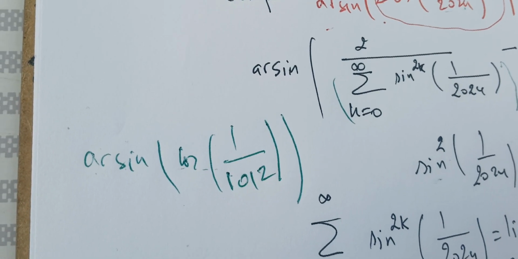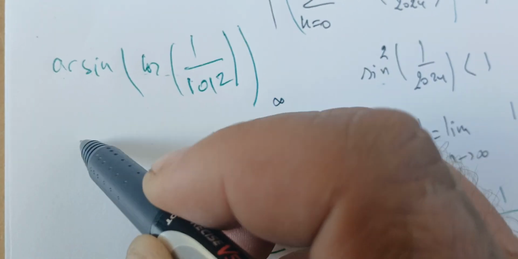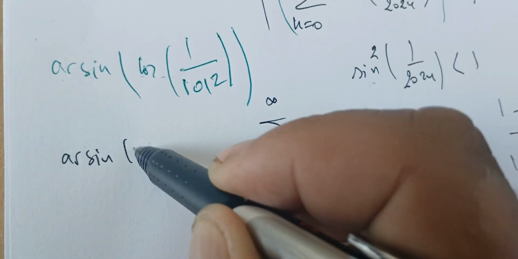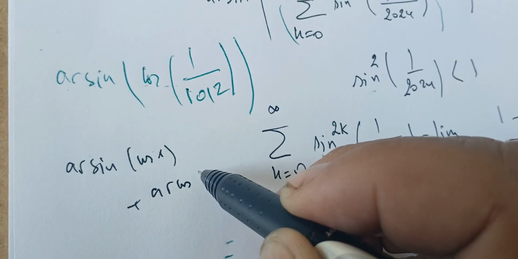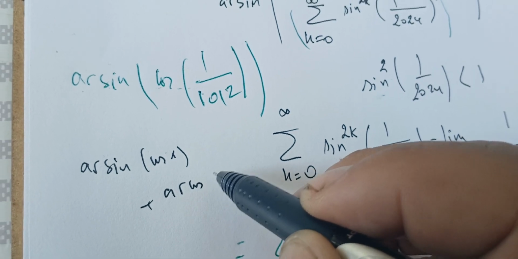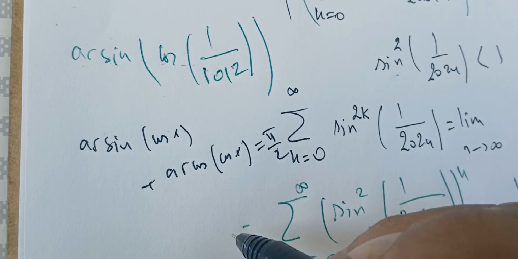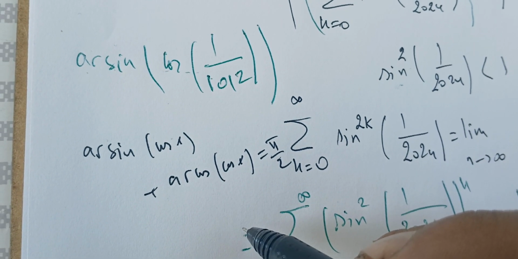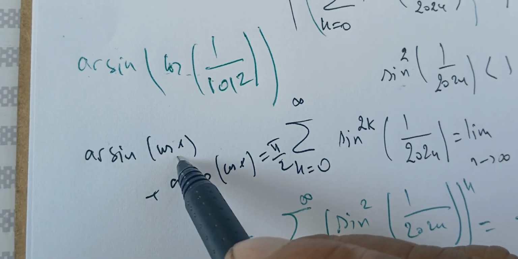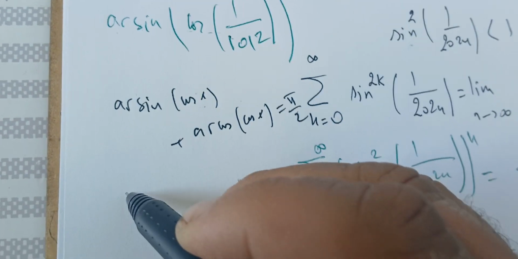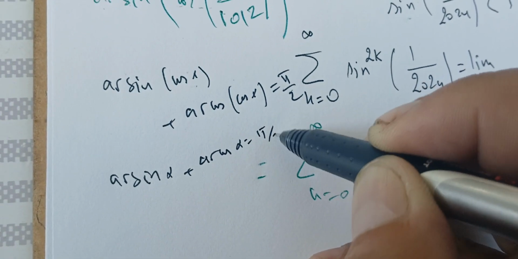I need to remember one more result that I have proved many times in this channel, that the arcsine of the cosine of x plus the arccosine of the cosine of x is pi over 2. So here, if we think of this one as alpha, because we have proved that the arcsine of alpha plus the arccosine of alpha is pi over 2.